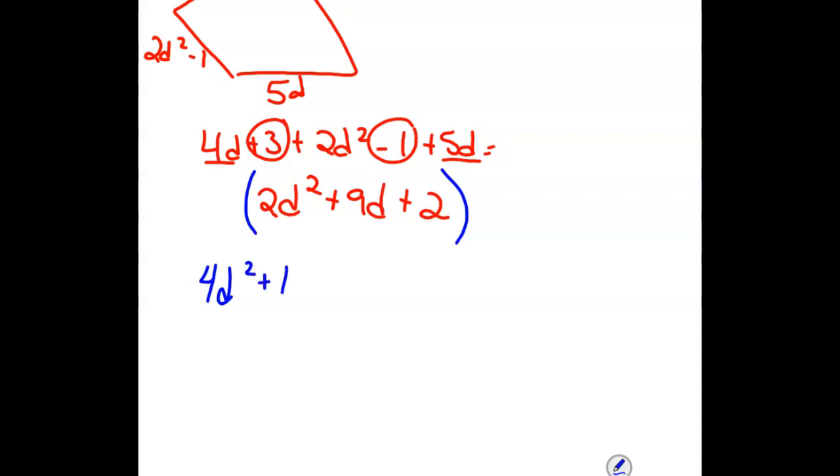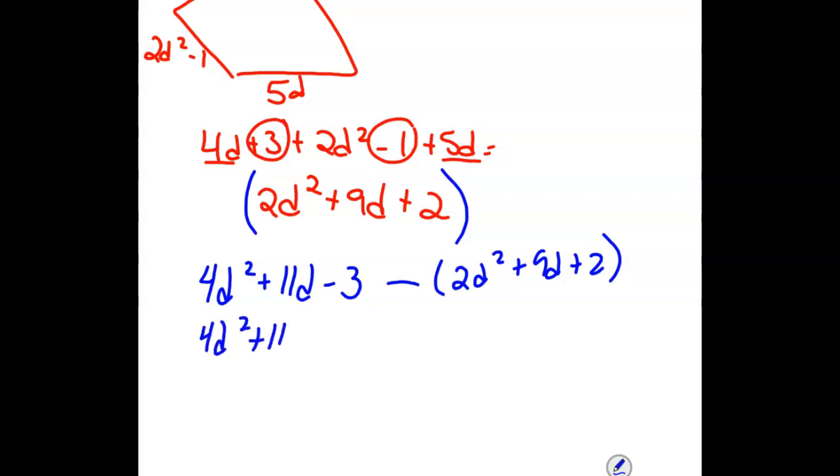We're subtracting all of this, which means we have to distribute that negative sign. So minusing 2d squared. We're subtracting 9d. Oops. And we're subtracting a 2. We okay with that?